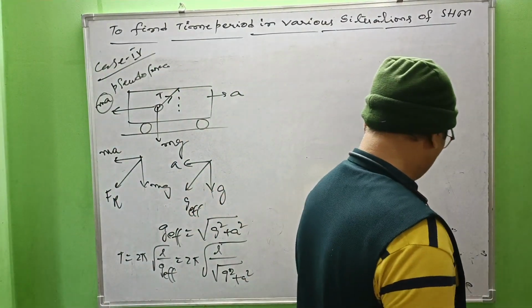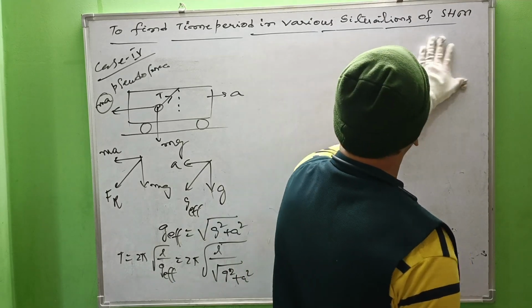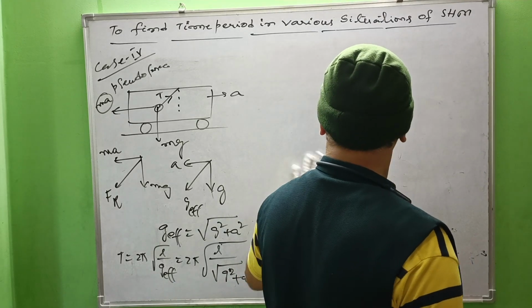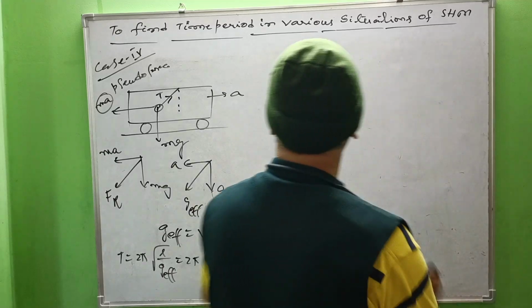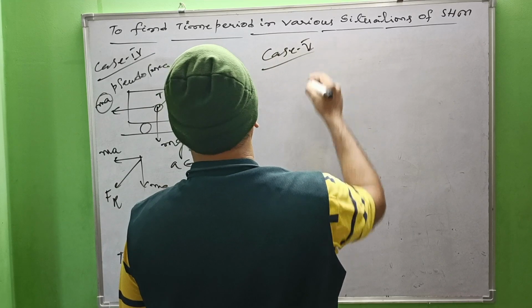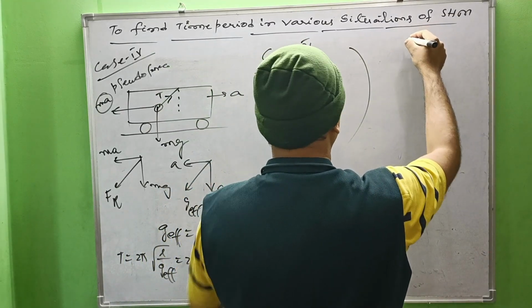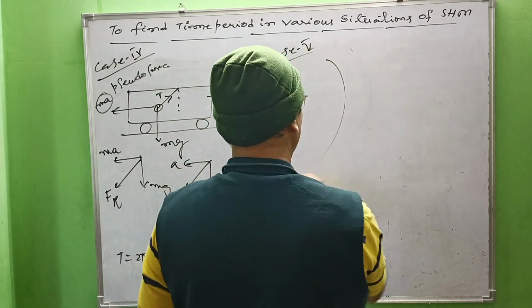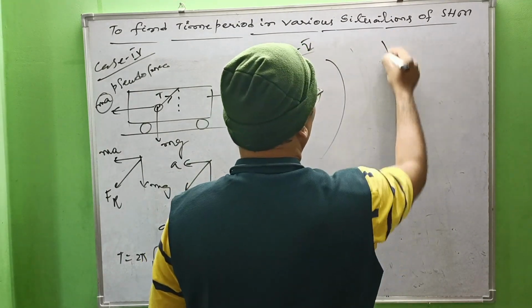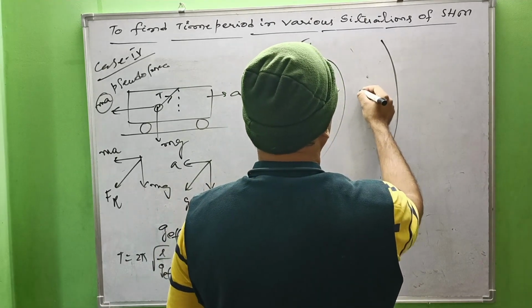Next case, the same car is taking a turn on a circular unbanked road. See, case number 5 is on a circular road like this, right? Here one car is going to take a turn on the unbanked road.